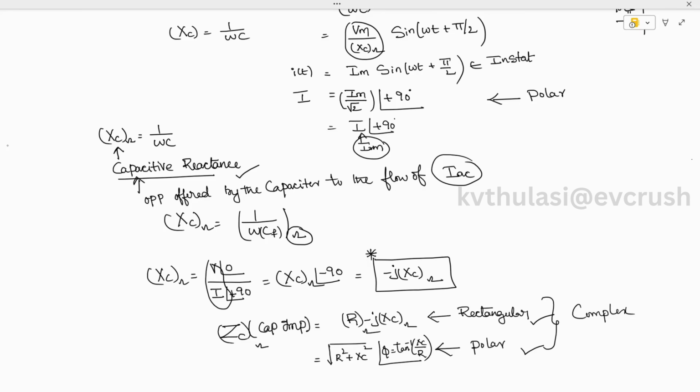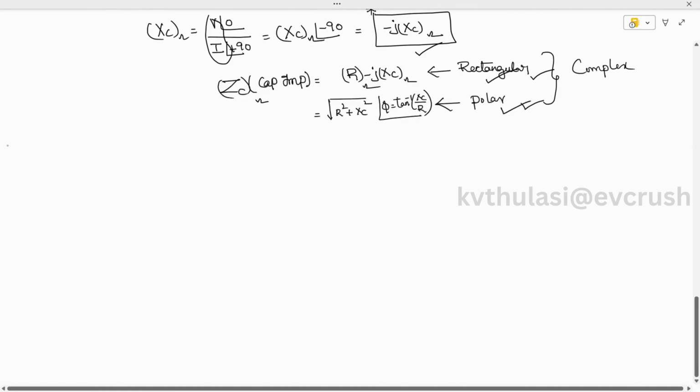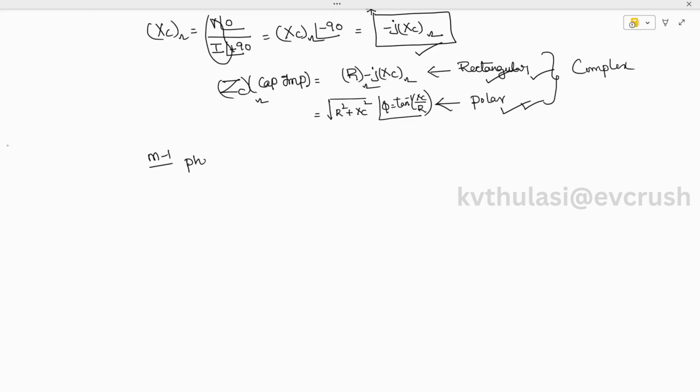So remember, capacitance you have to write as minus jXc. This is the rectangular way of representation, and this is the polar way of representation. Now let's draw the two ways of representing our vectors, which are called phasor diagrams. These phasor diagrams we can draw by two methods.